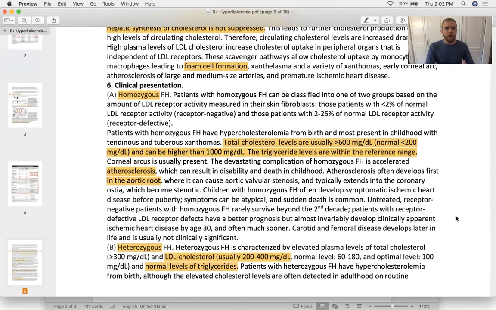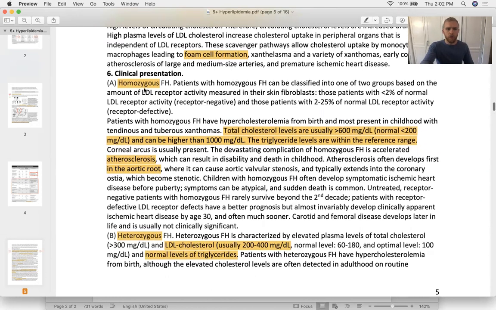Getting back into the genetic component of it, homozygous familial hypercholesterolemia is going to be worse in presentation than heterozygous. Why? Because they have two deficient copies of the LDL receptor rather than just one. If you are homozygous for an LDL receptor mutation, then you're going to have very high total cholesterol levels.